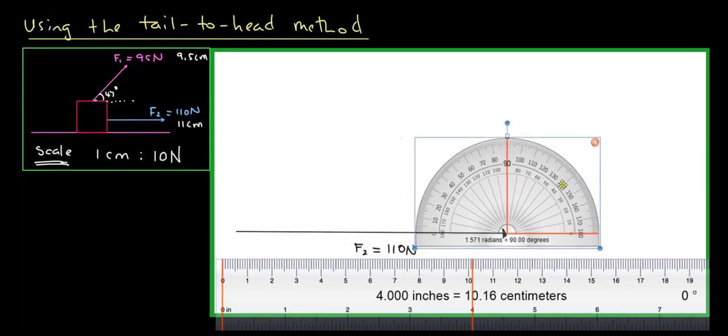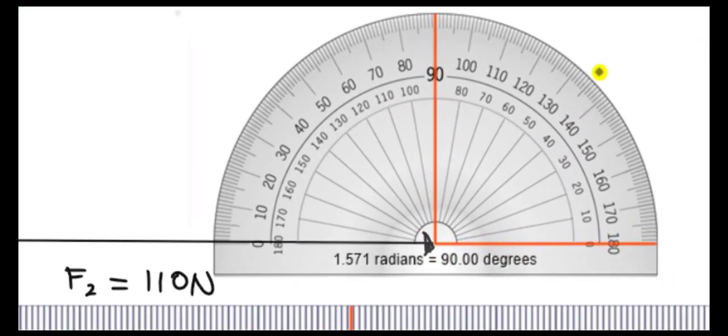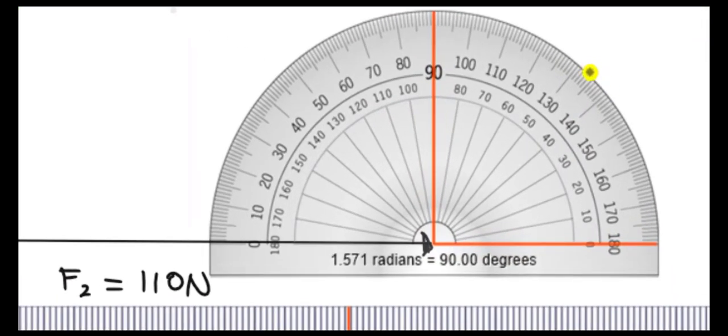Next up I need to draw my F1 vector. So my F1 vector is going to start at this particular point, at the head of this vector, but it must be at an angle of 47 degrees to the horizontal. So if I can mark it here, 10, 20, 30, 40, 47 is somewhere here, so that particular point there.